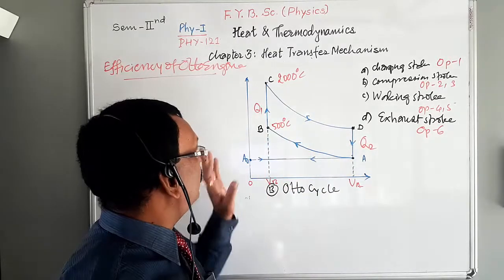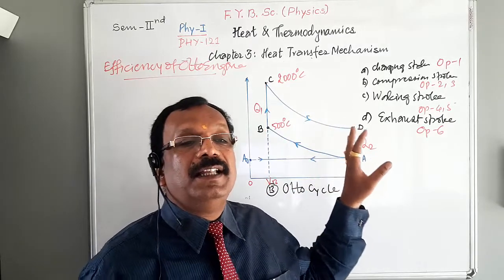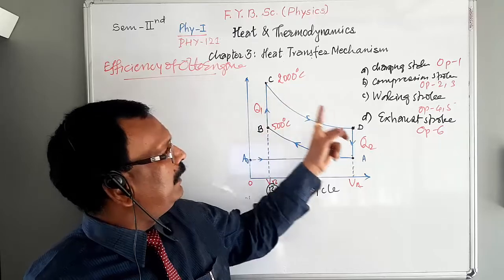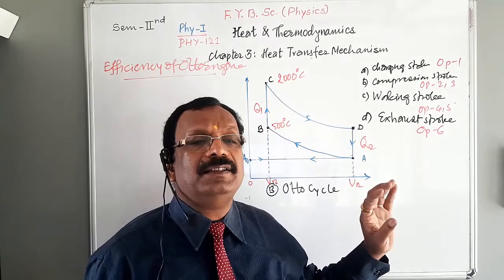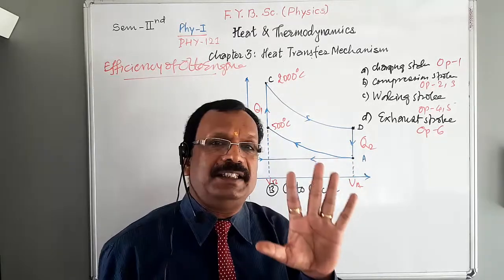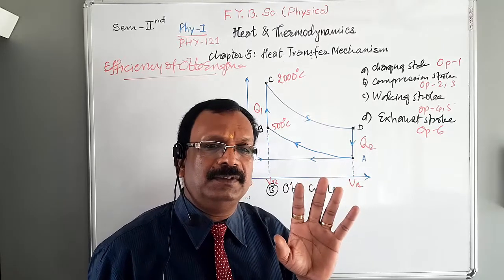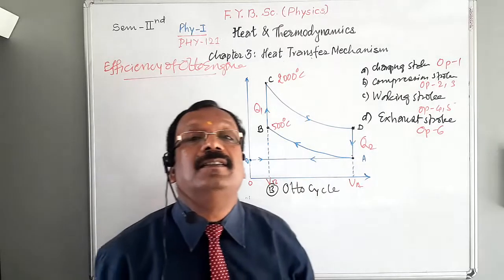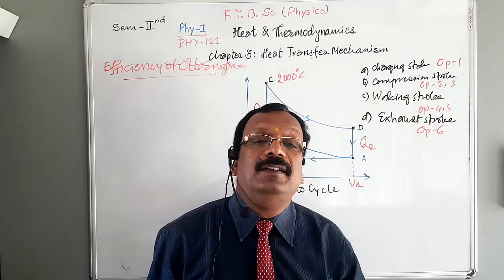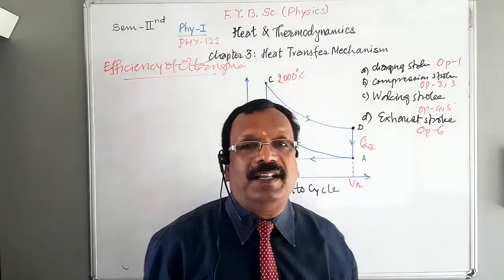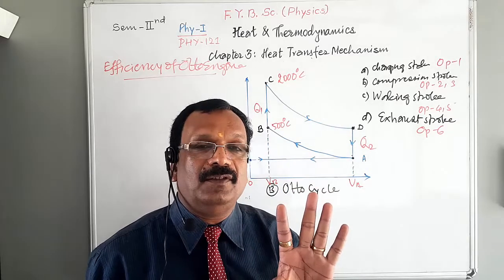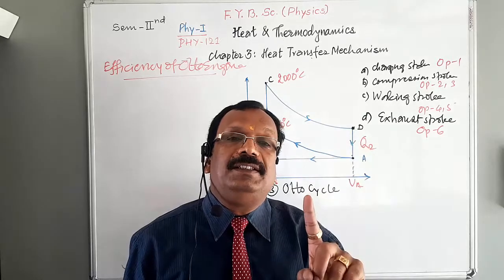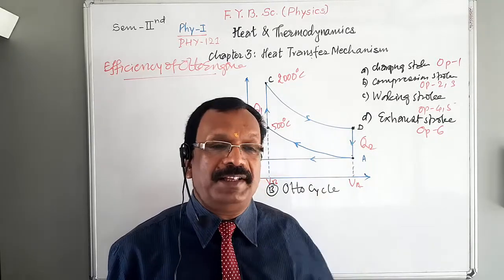The first assumption is that at every stage, A, B, C, D, A, the change is reversible. This is the first assumption. And the second assumption is that the mixture of air and petrol vapor behaves like a perfect gas. These are the two assumptions on which the expression of efficiency for the Otto engine is based.